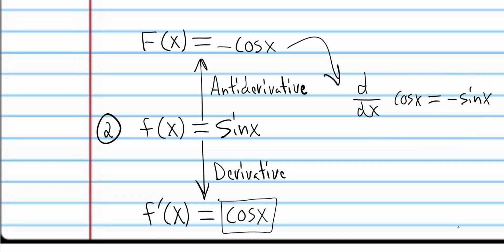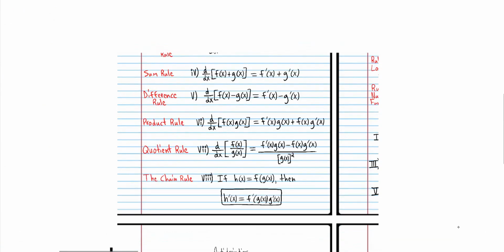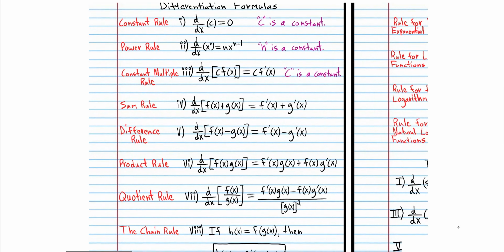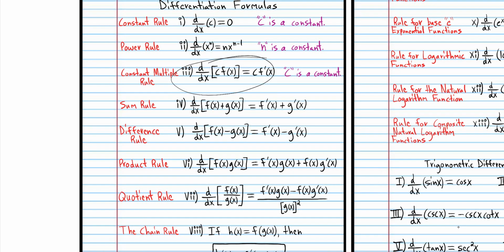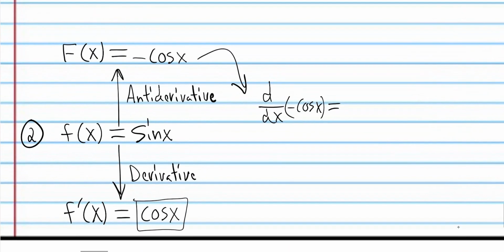So now, when we find the derivative of negative cosine, we need to use the constant multiple rule. And the constant multiple rule is rule number 3, this rule here. Rule number 3 tells us that the derivative of a constant times a function is equal to the constant times the derivative of the function, which is negative sine x.